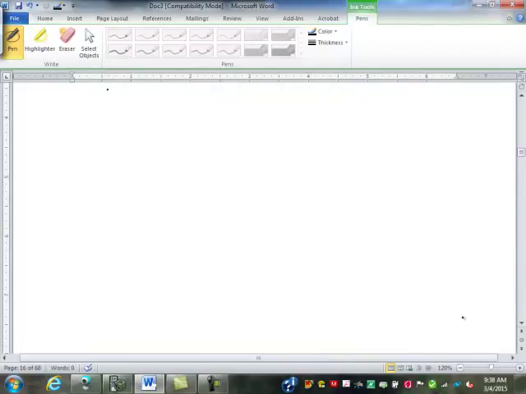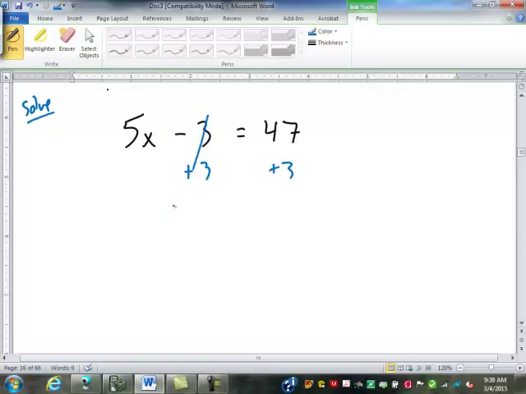So anyway, our next step is I want to take a little bit of a review of things that look like this. Tell me what to do with that if you're given the command to solve. Add the 3. So 5x equals 50.